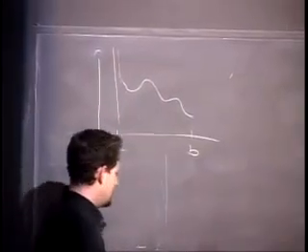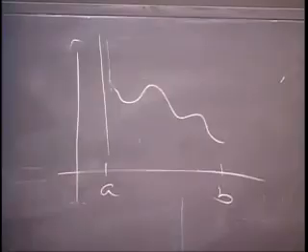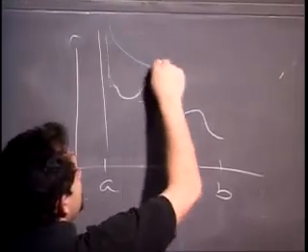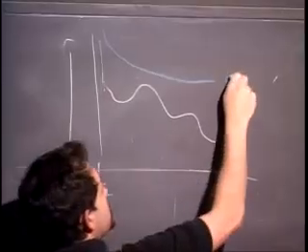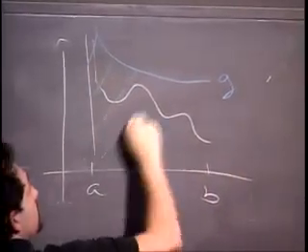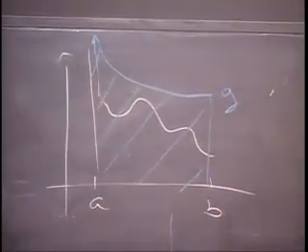Suppose that accidentally you've picked your function g to be bigger. So here's g. And suppose you know that you need infinitely much paint to fill that part in there.